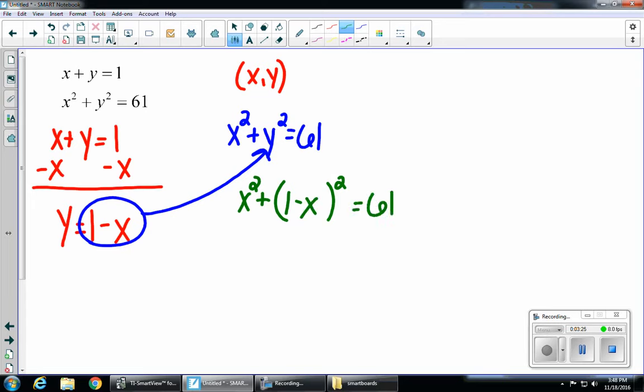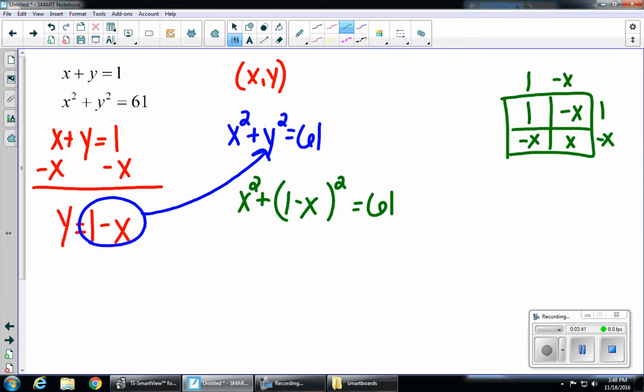For that 1 minus x squared, you need to either double distribute or use the box method. So I'll show that over here on the side: 1 minus x times 1 minus x. So I end up with x squared minus 2x plus 1. So I have x squared plus my answer from my box method, x squared minus 2x plus 1 equals 61.